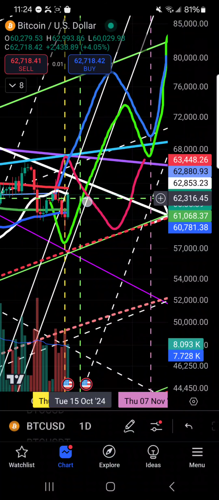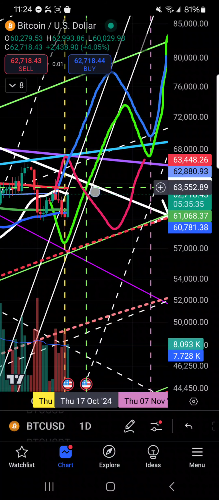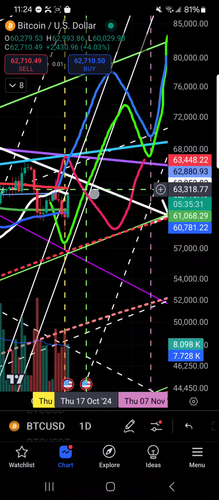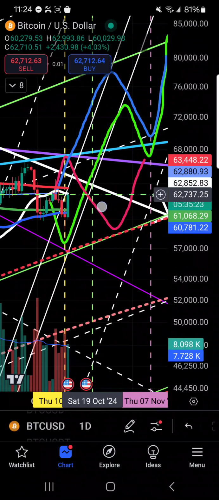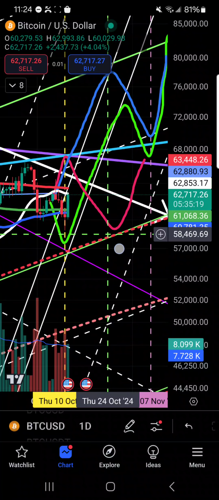Maybe we come up, and where the intersection of the red and green is, somewhere around there, we will see another pullback. And that's around the 17th of October, next Thursday, and I'm told that has kind of astrological support for a pullback in that area as well.